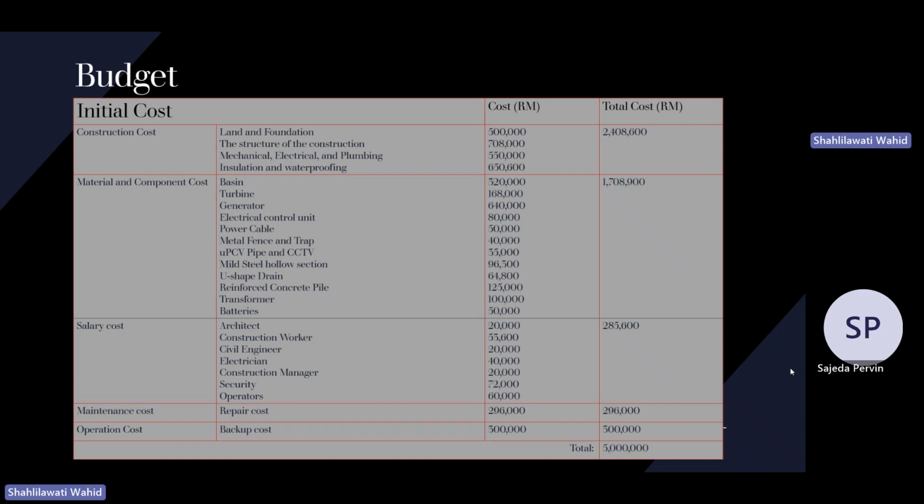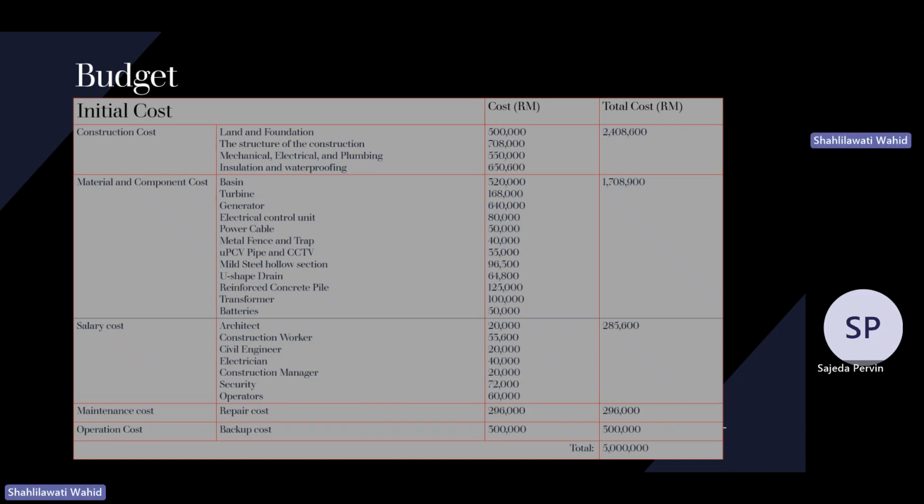Salary costs, which include payments to all workers required for constructing and operating the GWBPP, are 285,600 ringgit. As a company, we need the manpower to build the power plant. Then the operator and the security will also be required to ensure that when we build the GWBPP, no one will disturb us.